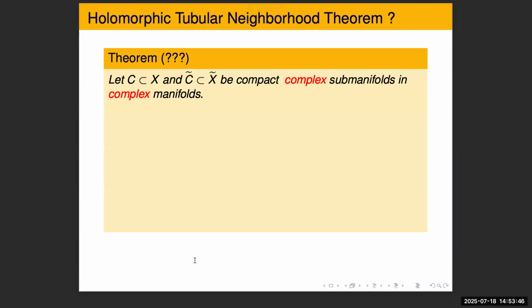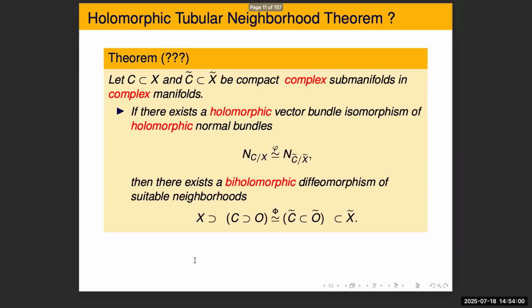Now let's consider the same situation, but C in X and C tilde in X tilde are now complex submanifolds in complex manifolds. And let's assume that there's a holomorphic vector bundle isomorphism of holomorphic normal bundles.